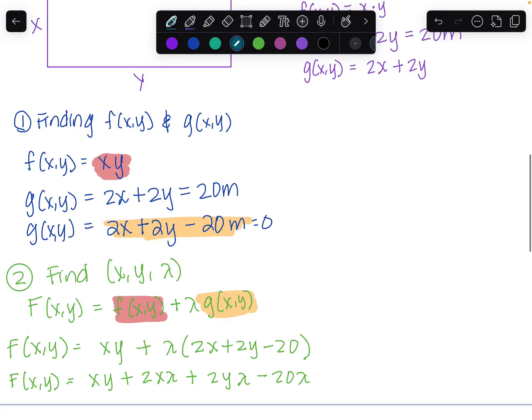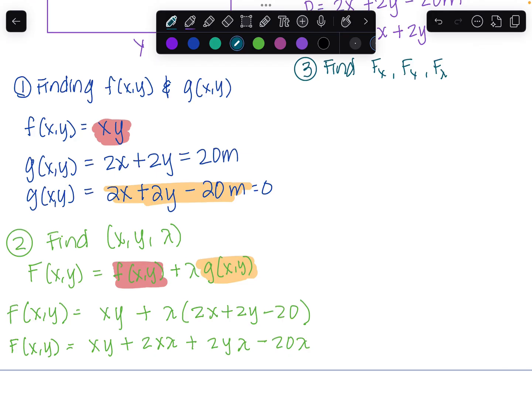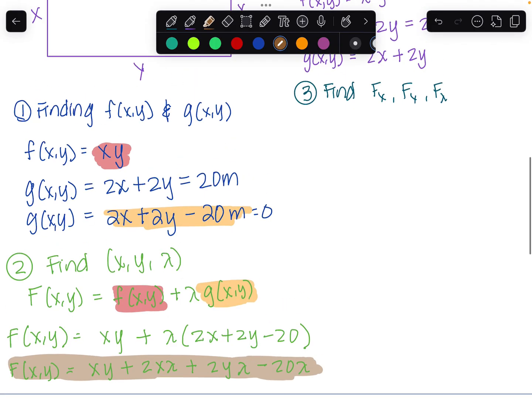In the next step, we're going to find the derivative with respect to x, y, and lambda. So we're going to find the derivative of this equation here with respect to each of these.